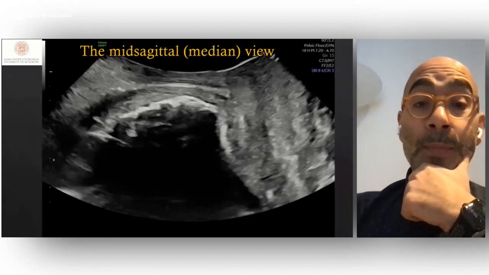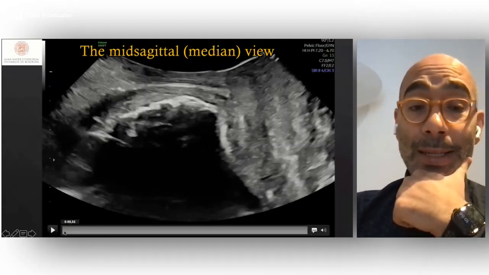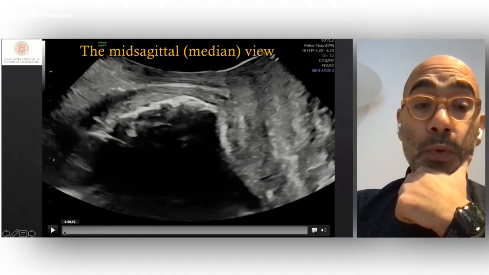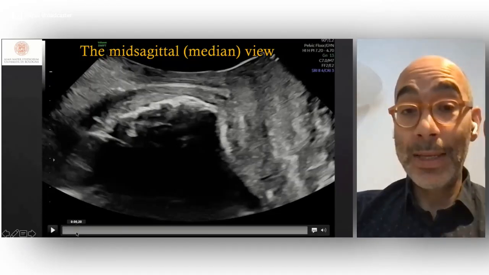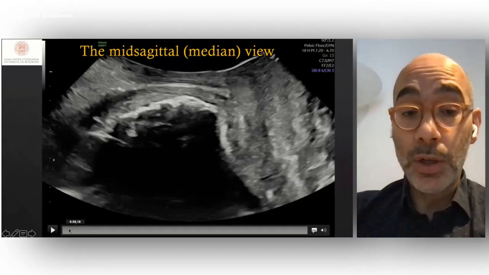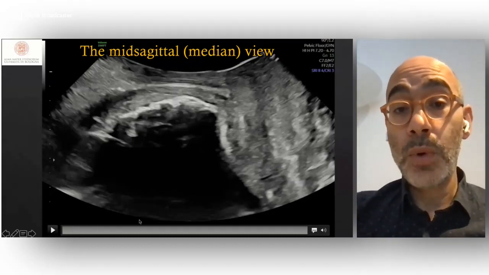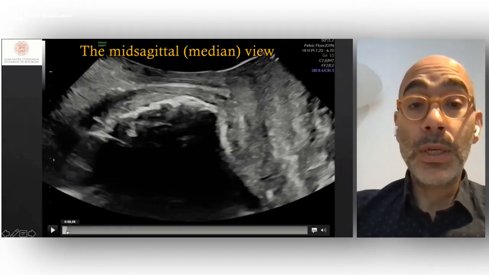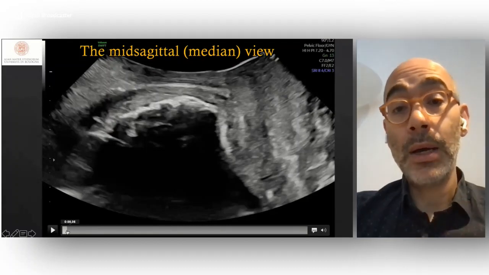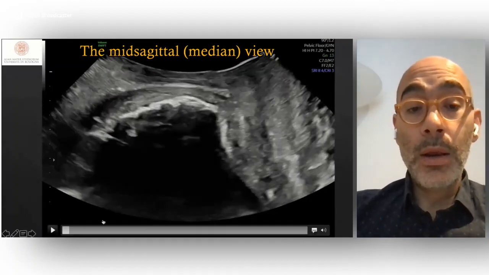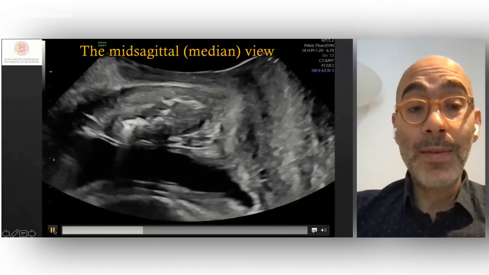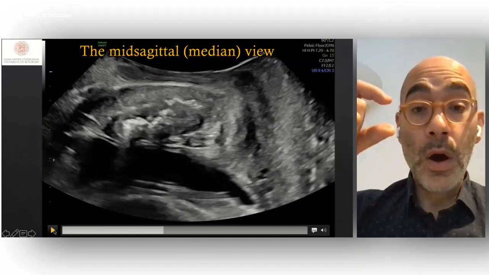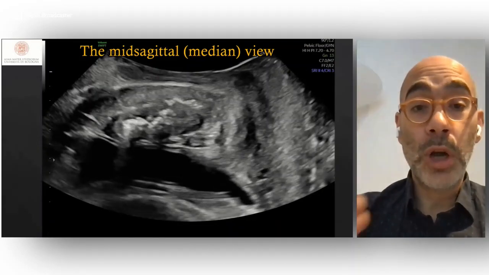It is important, when we assess the mid-sagittal view, to differentiate between the exactly median view and the parasagittal view. In the parasagittal view, we are on the pubic bone, and we see a shadowing behind the bone. Whereas on the mid-sagittal view, we can see the cartilage of the symphysis pubis with no shadowing below it.